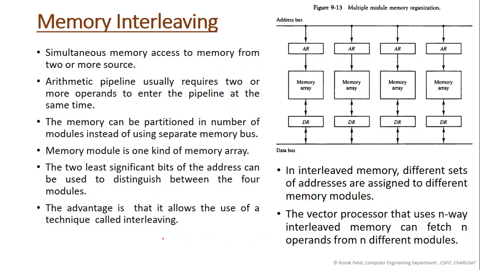Okay, so now in a vector processor, when you execute, it might be possible that you require simultaneous memory access from two or more sources. So the arithmetic pipeline usually requires two or more operands to enter the pipeline at the same time, because we want faster computation.